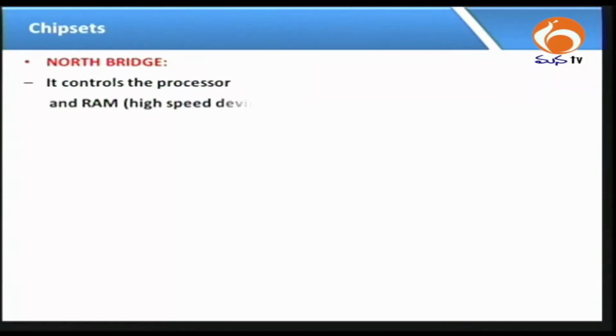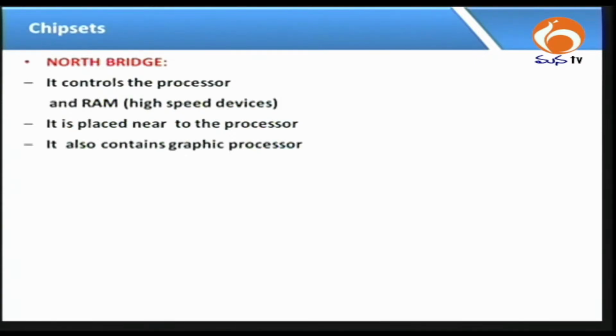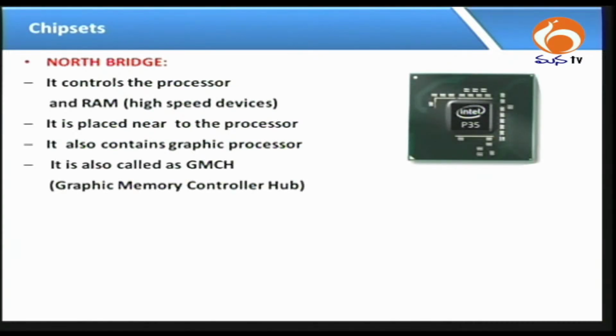On the screen you can identify the North Bridge. It controls the processor and RAM, high speed devices. It is placed near the processor. It also contains the graphic processor, so for that reason it is called the graphic memory control hub, GMCH. One more chipset on the motherboard is the South Bridge.